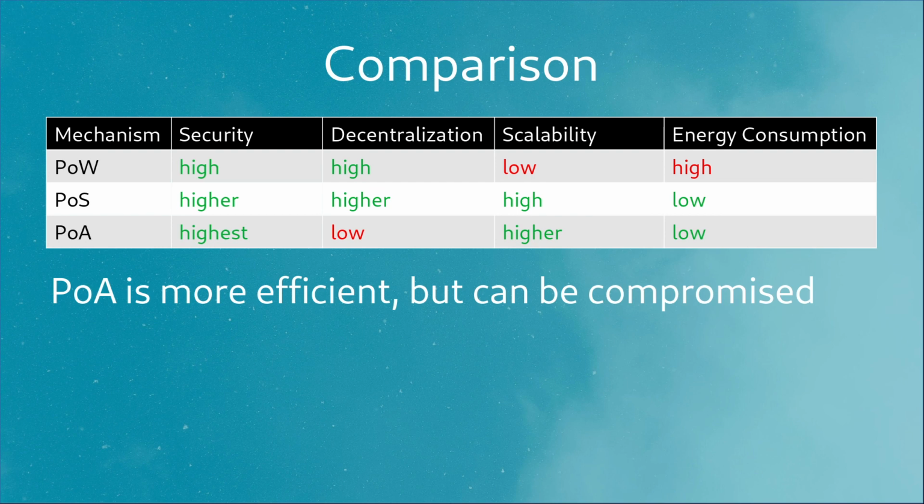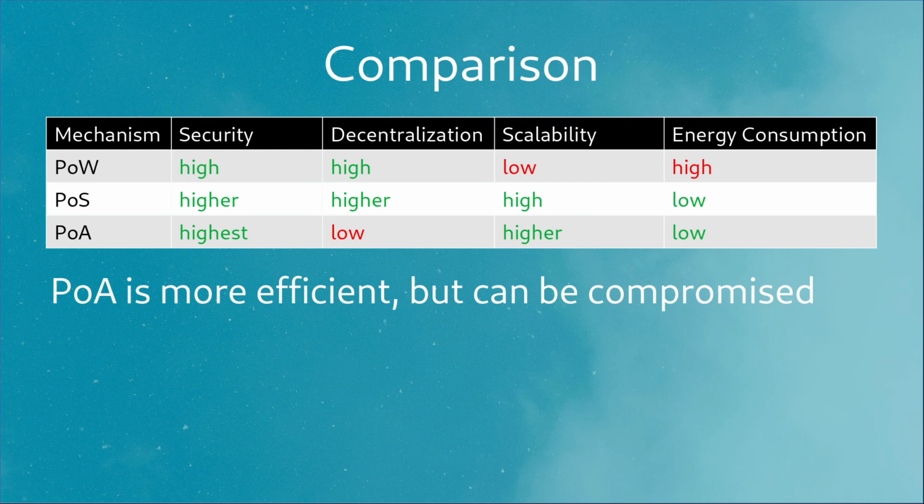With proof of stake, the security is even higher, because with proof of stake you need to buy enough cryptocurrencies, and typically it's more expensive to buy enough cryptocurrencies to control the majority of the decision power of the blockchain, compared to buying enough compute power to control the majority of the decision power on the blockchain.